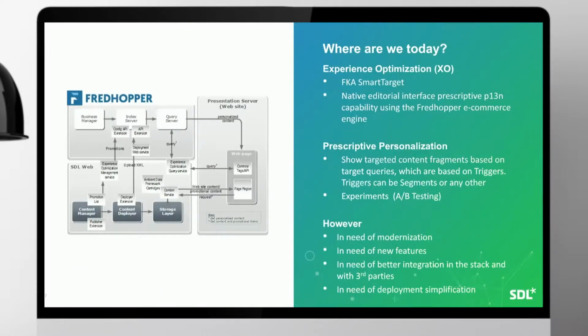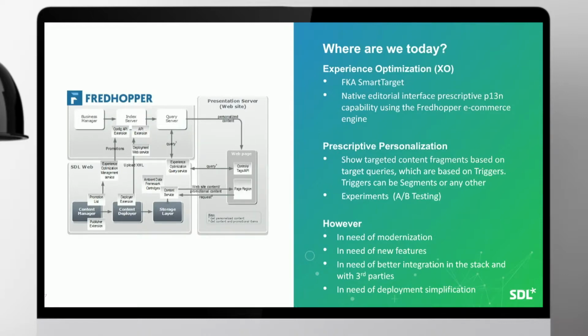And looking at where we are today, Smart Target Experience Optimization basically gave capability in Tridion Sites, or in Tridion or in SDL Web, to give a native editorial interface to do the prescriptive part of personalization using Tridion content and personalization rules that you could define in Tridion.